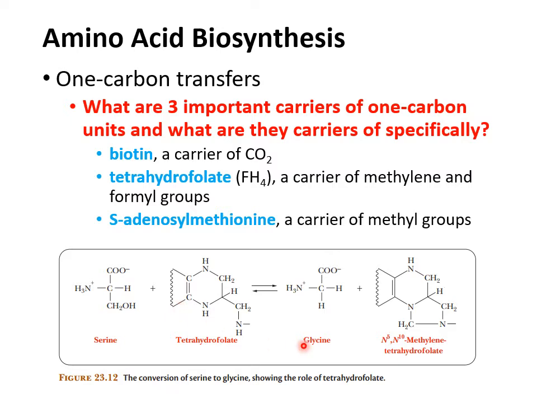And then S-adenosylmethionine is a carrier of methyl groups. Okay, so each one has its ability to transfer one-carbon units from one amino acid to make another one, and they each have a particular function or role.